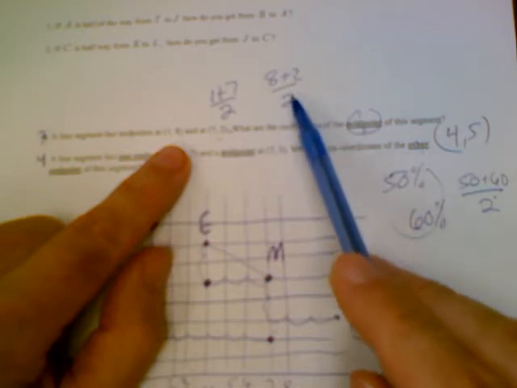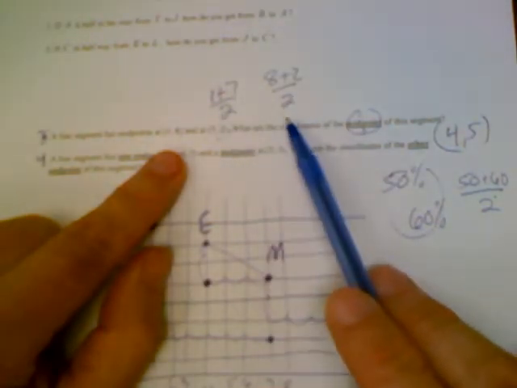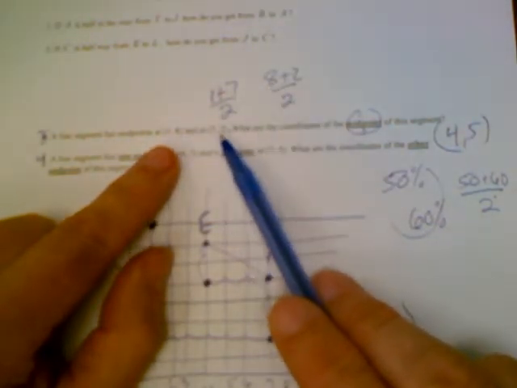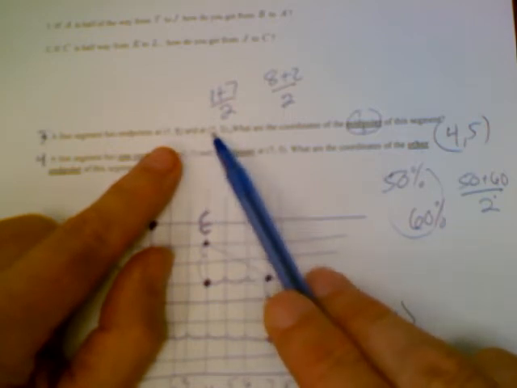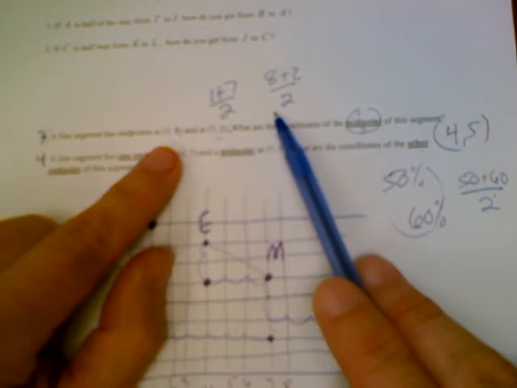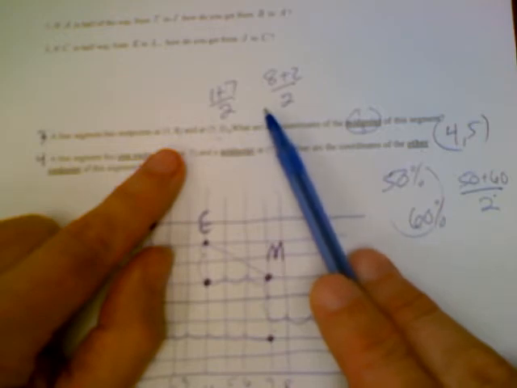That's what we got from the grid. And this becomes 10 divided by 2 is 5. And that's what we got from the grid. It's fairly simple. And I like this averaging method because you can use it even if the numbers are very large, very far apart, even if they're negatives. It doesn't matter. This averaging method works quickly, easily, and reliably if you remember when to use it.